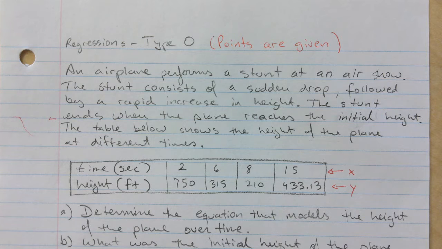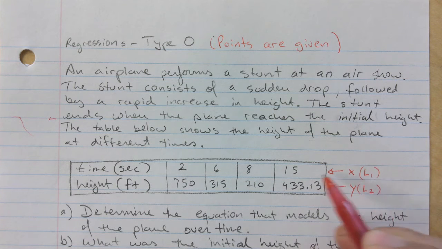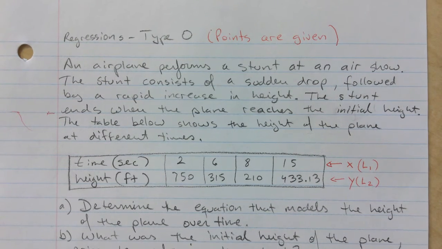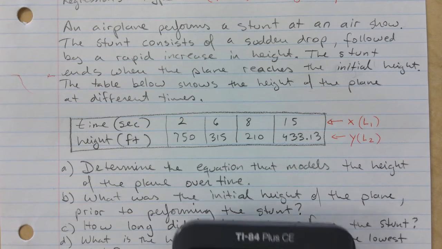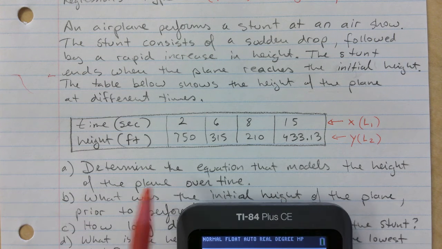We will put this in L1 and we will put this in L2 accordingly. So you somehow indicate, okay, I know what's happening here. I'm going to enter those points into my calculator, because they're asking me for the equation anyways.